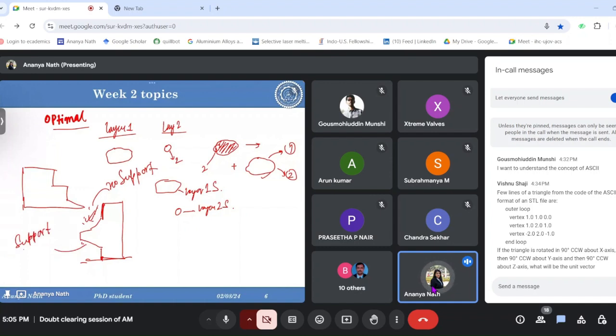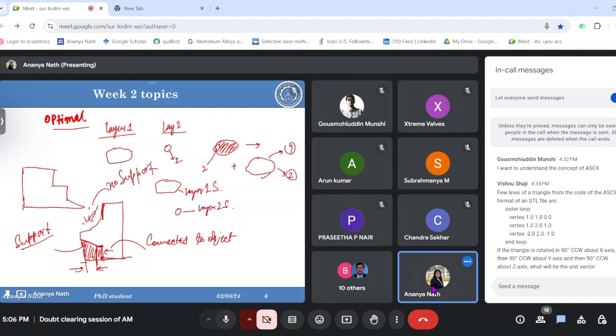Again, if I zoom in and see the support in this portion, up until here the support is free. The support is not connected to the side surface of the part, but this portion is connected to the object.